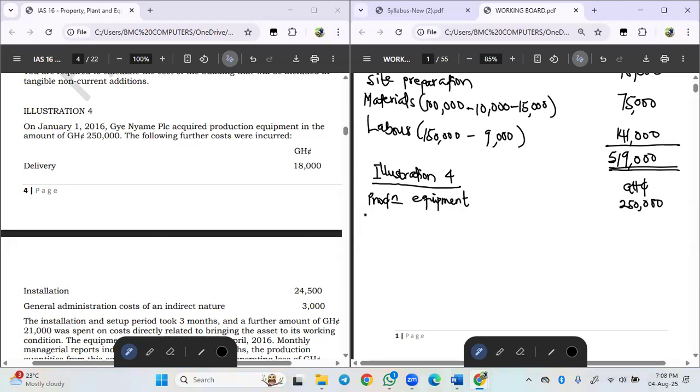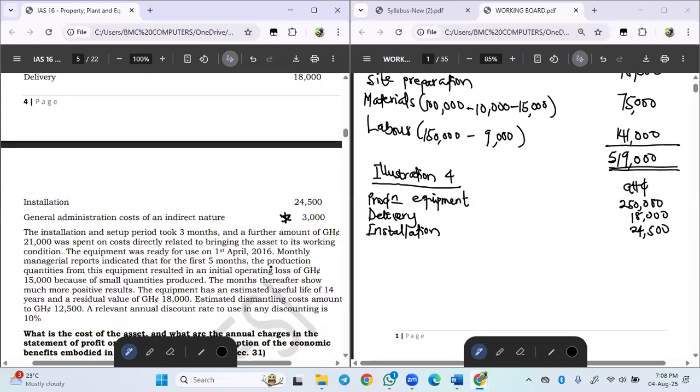So we have to add delivery. 18,000. Installation. You know installation is part. That one is 24,500. General administration. Okay, so we know this one is out.